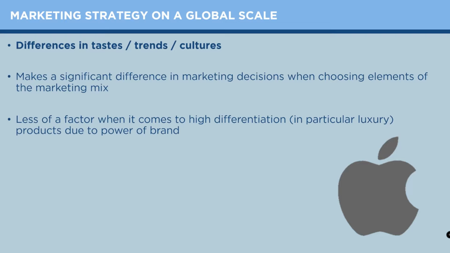One of the main reasons was that their research in the Asian market found that Asian consumers were more interested in those brighter colors. That's an example of differences in tastes and trends that might prompt a business to adopt a more geocentric approach, where products are the same but they've made one small adjustment to take advantage of a particular interest or trend that a certain market had. So this can make a really big difference when it comes to marketing decisions and choosing your marketing mix.